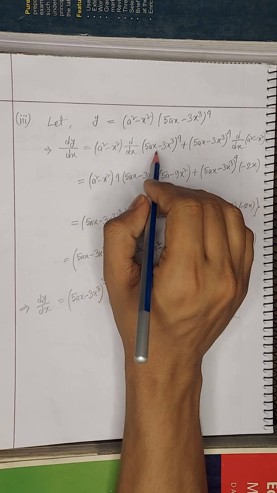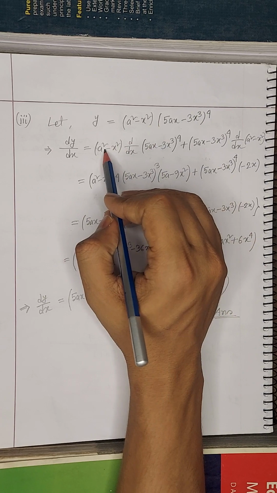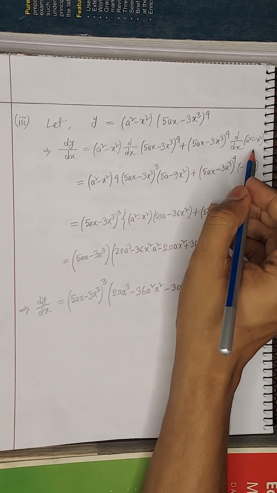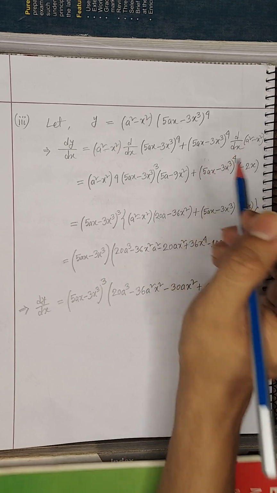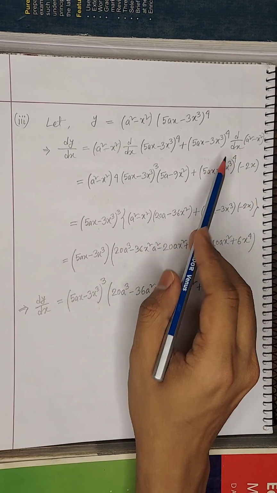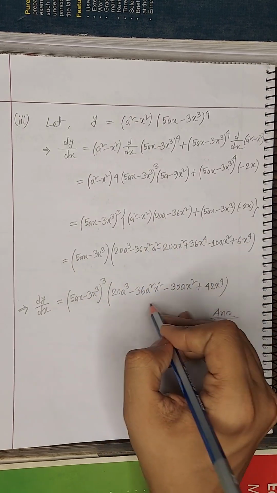Similarly, we first differentiate the second expression, with the first expression outside, and then the first expression, with the second expression outside of the differentiating term. Finally, after differentiating, taking common and doing calculation, we get our result here.